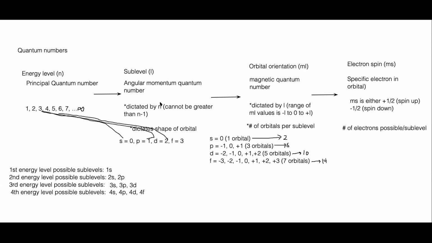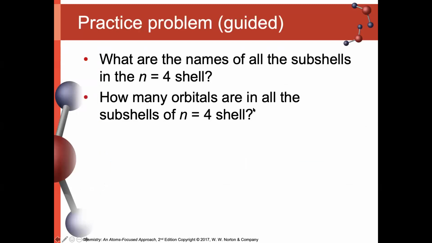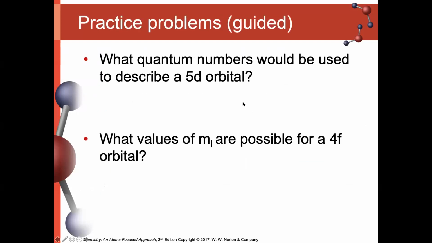Okay, so let's go back to the PowerPoint here, and let's look at some practice problems. What quantum numbers would be used to describe a 5D orbital?